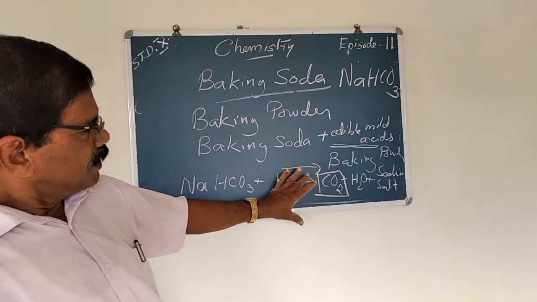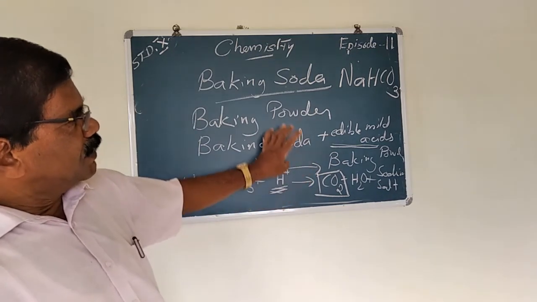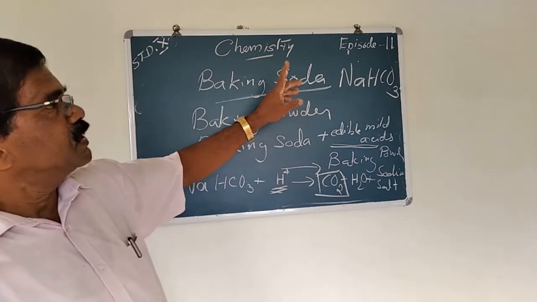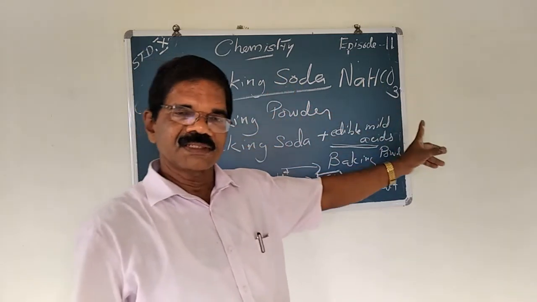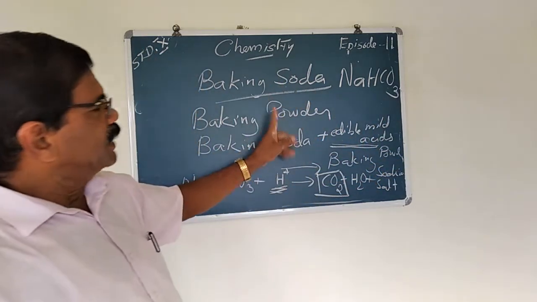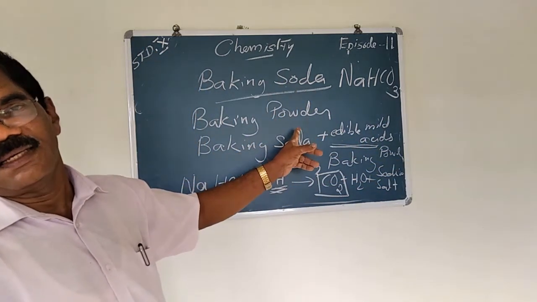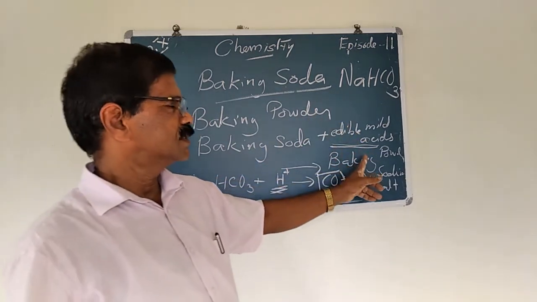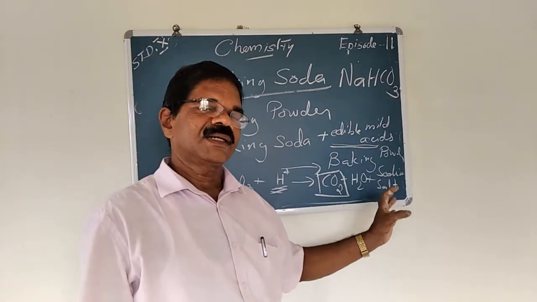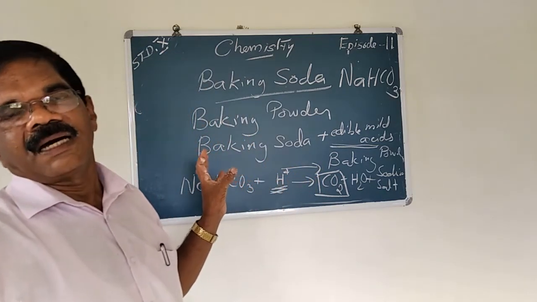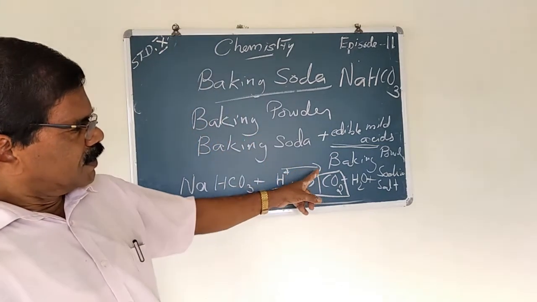So you must remember the difference between baking soda and baking powder. Baking soda is NaHCO3, sodium hydrogen carbonate. Baking powder we use in our bakery is baking soda mixed with edible mild acids. How does it help in rising or baking of the cake?